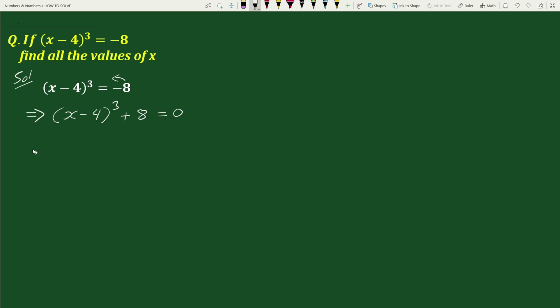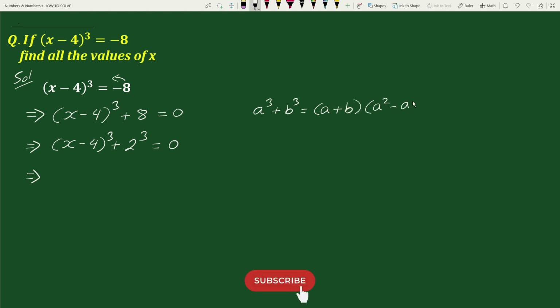This equals (x − 4)³ + 2³ = 0. Now this is of the form a³ + b³ = (a + b)(a² − ab + b²).